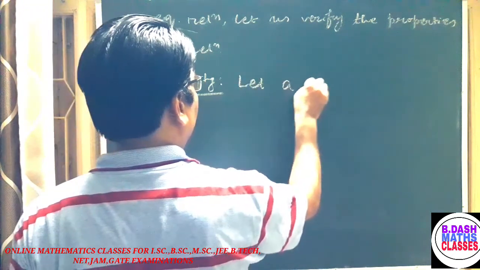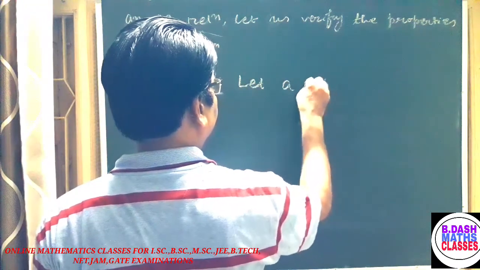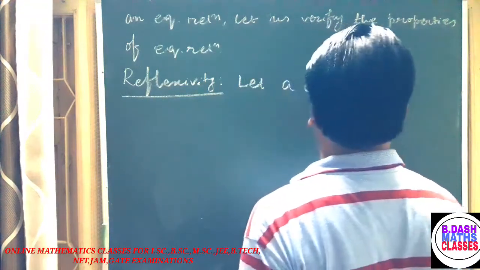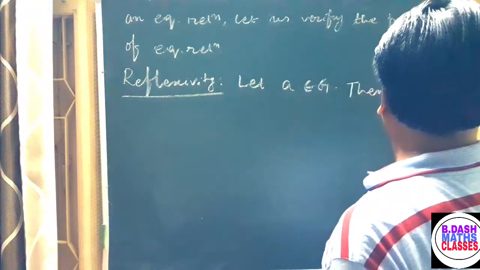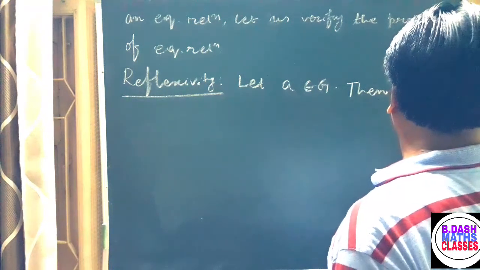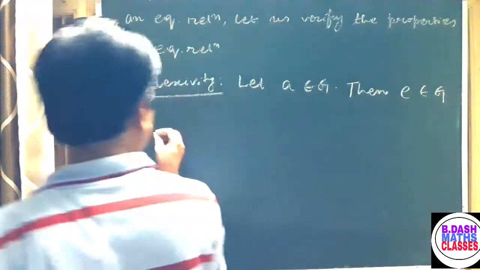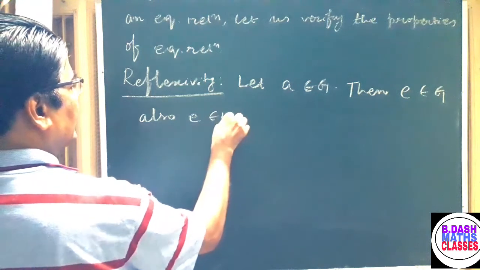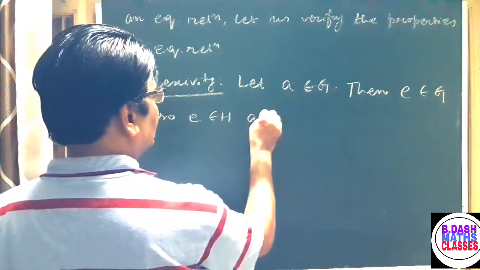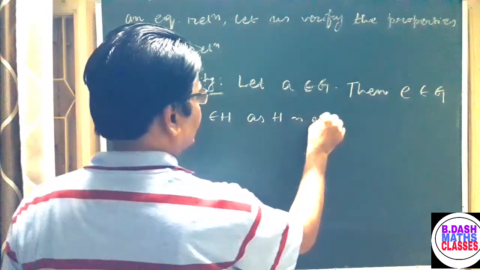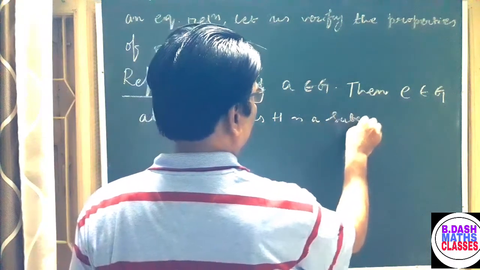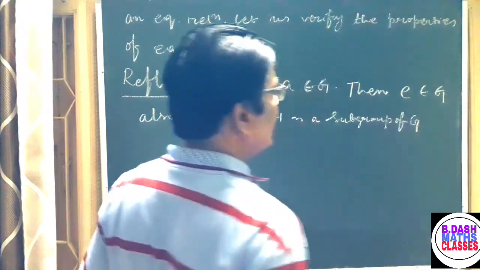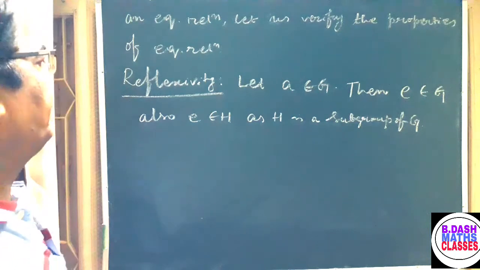Let a belong to G. Then e belongs to G. Also e belongs to H, as H is a subgroup of G. Obviously the identity element will be the same.